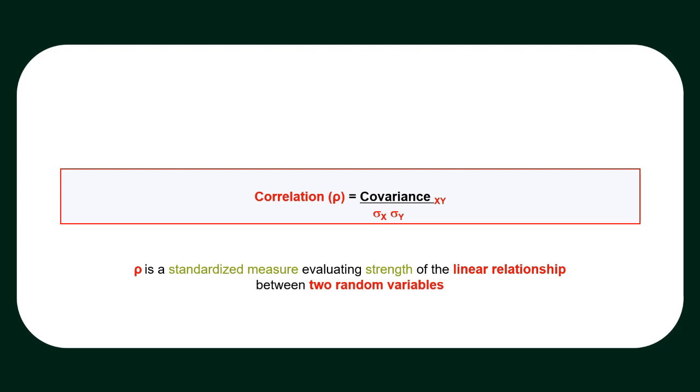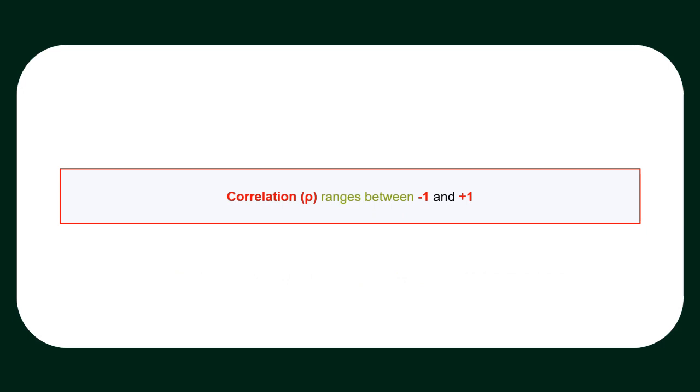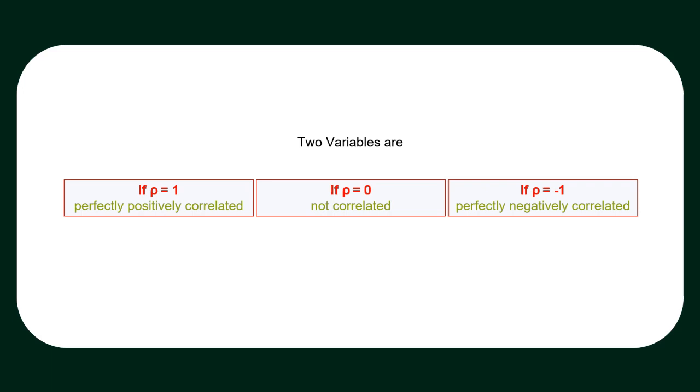Since covariance fails to explain strength of correlation between two variables x and y, we standardize covariance by dividing covariance by standard deviation of x and y. This standardized form of covariance is called correlation, represented by rho. Correlation ranges between -1 and +1.